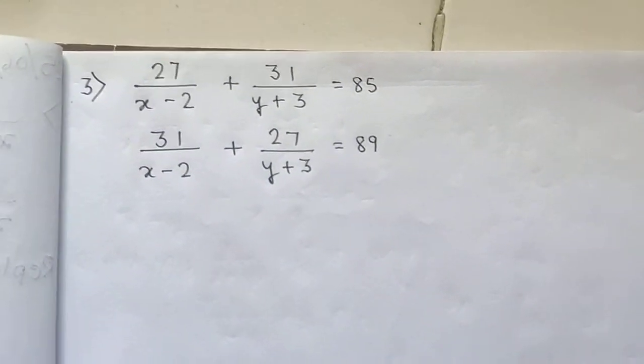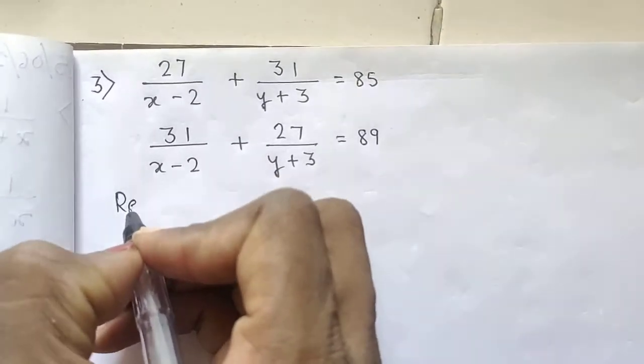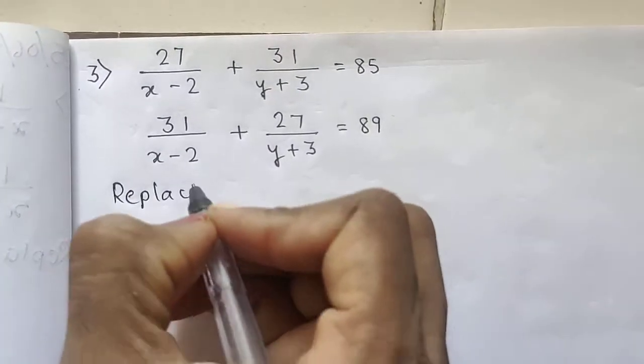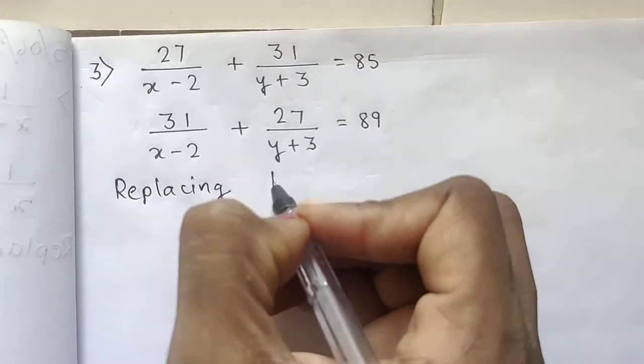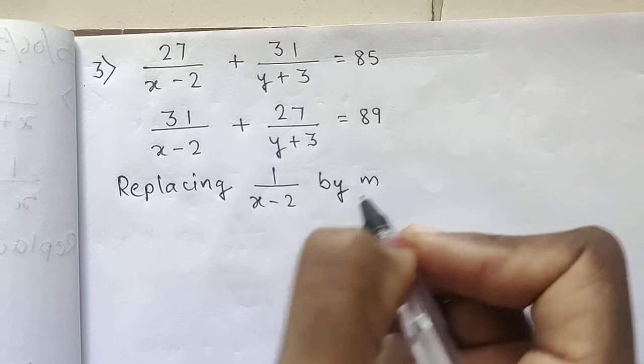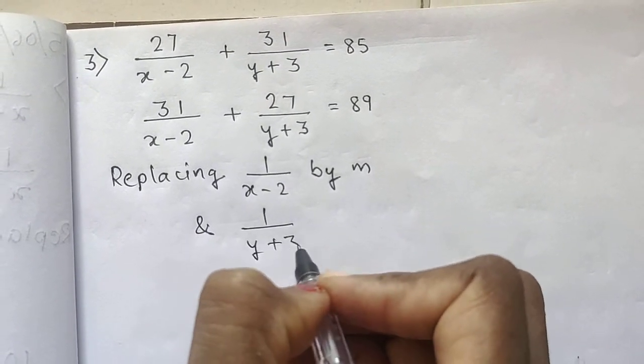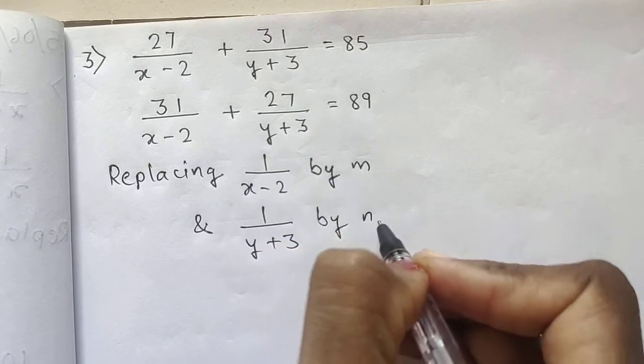So let us replace 1 upon x minus 2 by m and 1 upon y plus 3 by n.